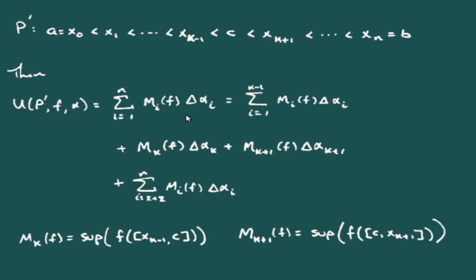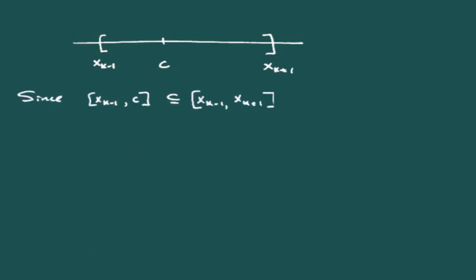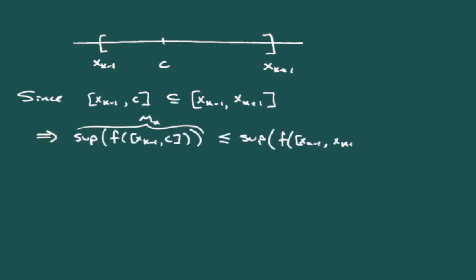And so if we draw a picture and compare those supremums, because x sub k minus 1 up to c is a subinterval of x sub k minus 1 to x sub k plus 1, then our supremum over the subinterval x sub k minus 1 up to c is going to be less than or equal to the supremum over the larger subinterval, x sub k minus 1 all the way up to x sub k plus 1.